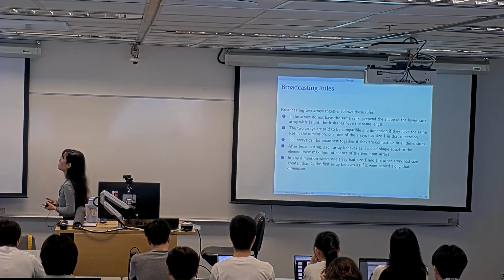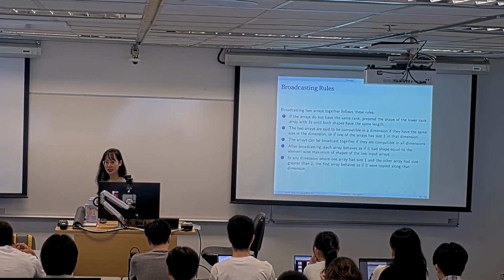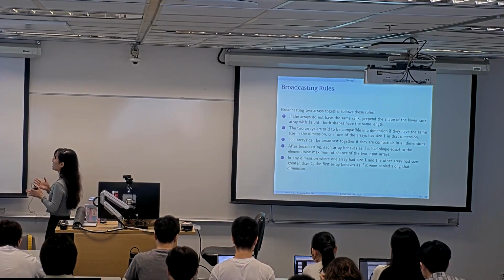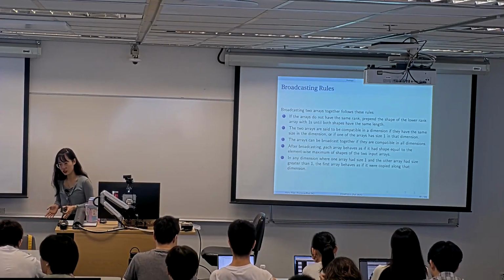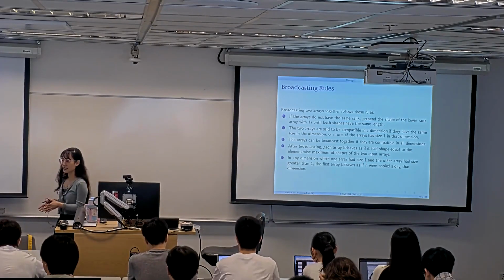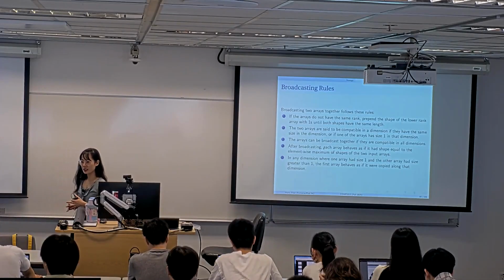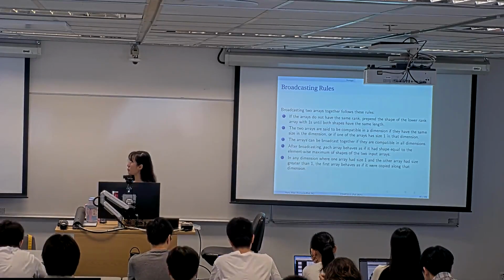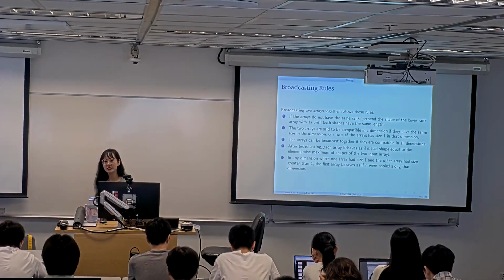They are compatible if one of two cases is satisfied. The first, if they have the same size in the dimension. Secondly, if one of the arrays has size 1 in that dimension. Only in these two cases are they compatible, and the two arrays can be broadcast together if they are compatible in all dimensions.